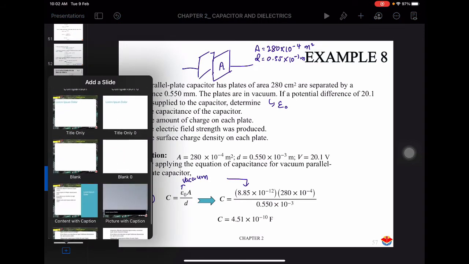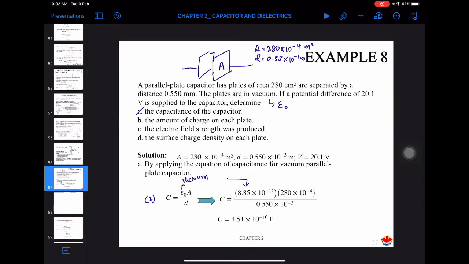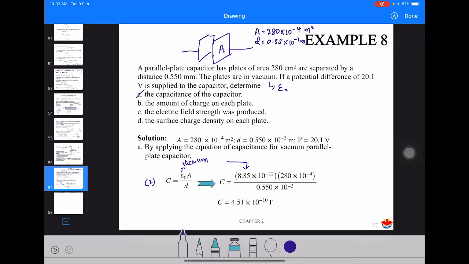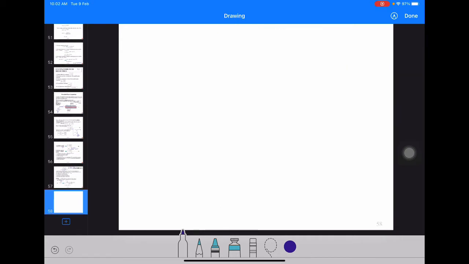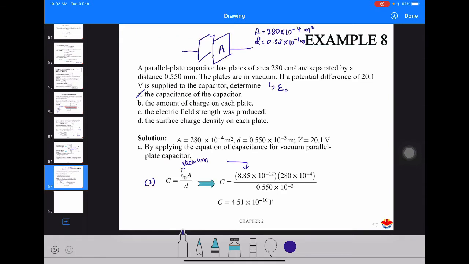Let's add one slide so that I can draw something there. Question B, the amount of charge on each plate. They give you V, which is equal to 20.1 volts. You already have the C, which is equal to 4.51 times 10 negative 10.